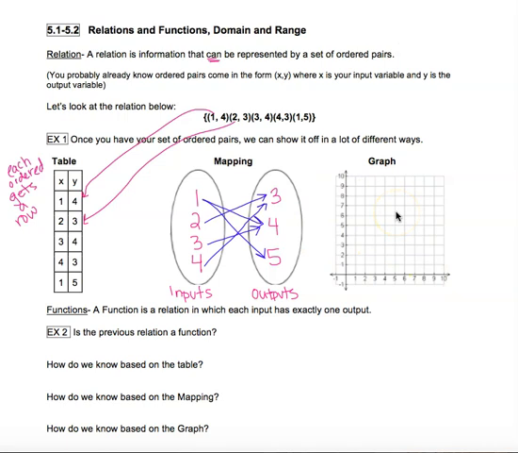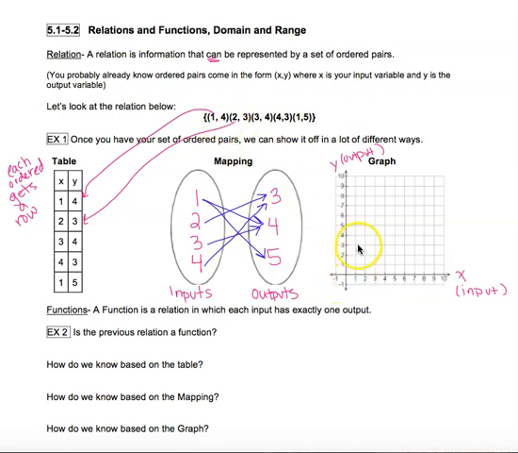Another way that we can represent a relation is with a graph. And so that's just simply plotting ordered pairs like you've been doing for years. Remember that this is your X or your input axis. This is your Y or your output axis. So use the table or the set of ordered pairs. Input 1, output 4.